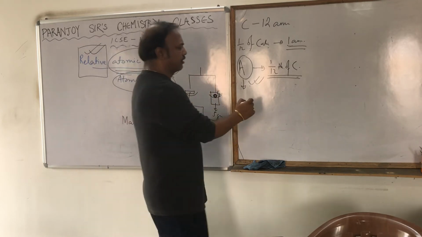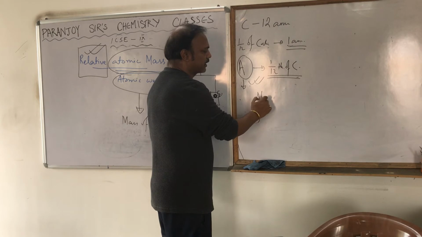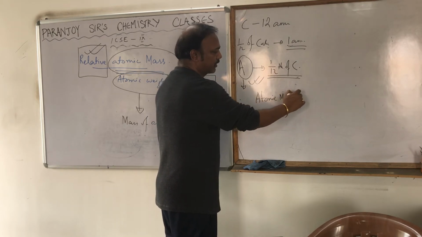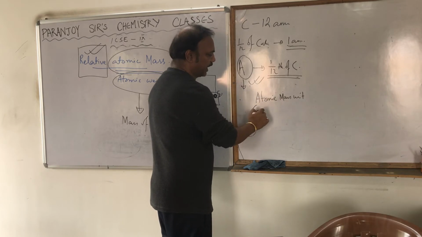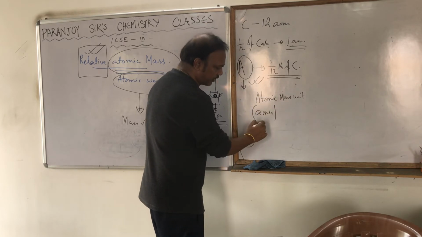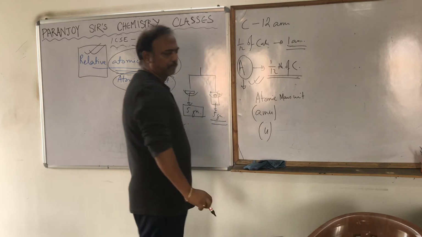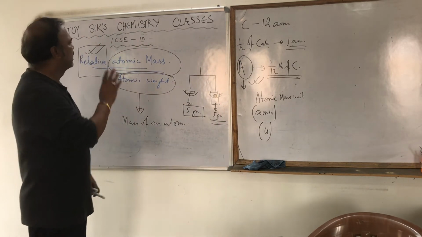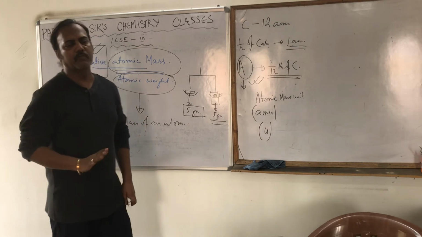The unit for atomic mass is, again I am saying, nothing but atomic mass unit. In short, we write it as amu, or even shorter, as u. So that is what relative atomic mass is. Relative atomic mass is nothing but the atomic mass of the substance.